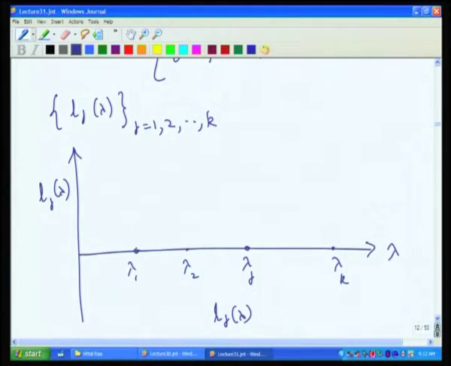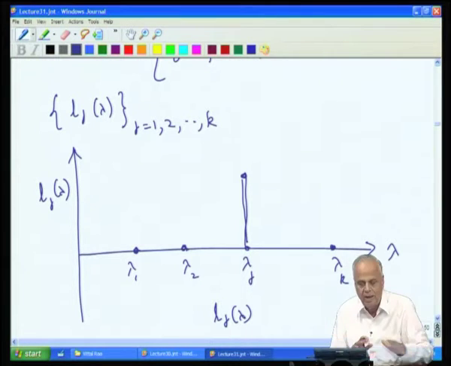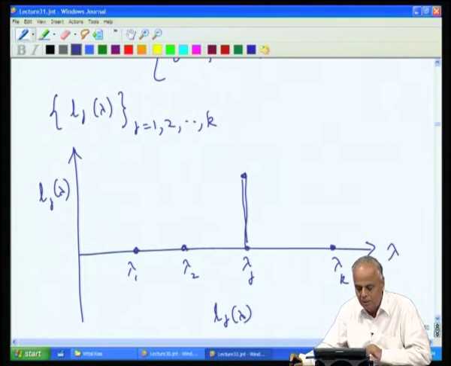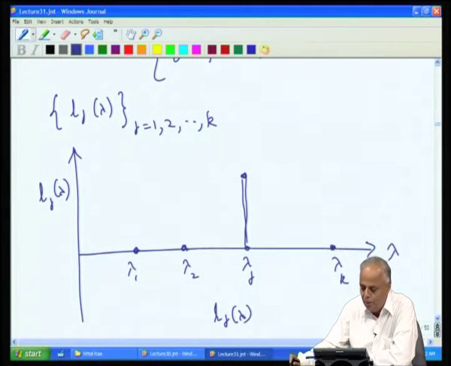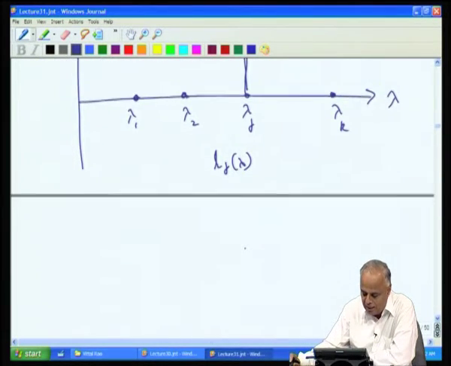Then L j of lambda will take the value 0 here, 0 here, and 0 here, except at lambda j, where it will take the value 1. So that is what we mean when we say that this lights up at lambda j and just dies off at all other places. It looks like lambda j is a switch for the polynomial L j of lambda.